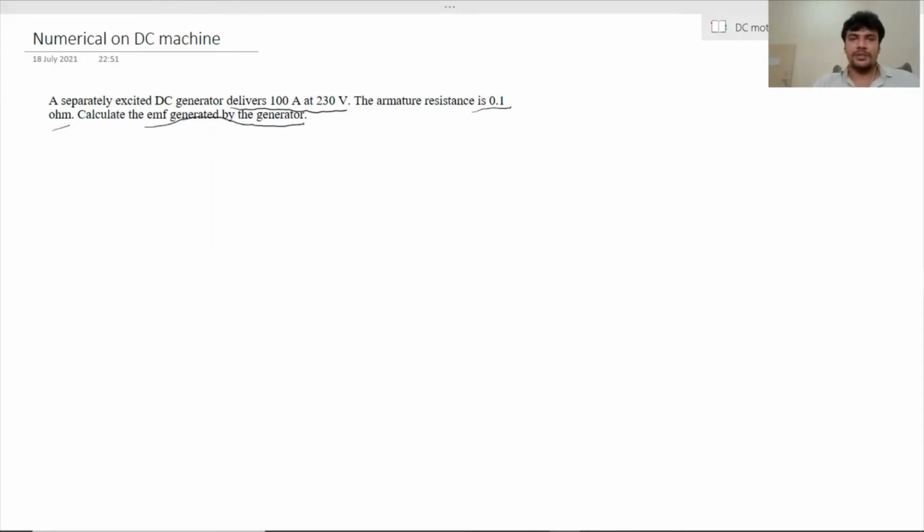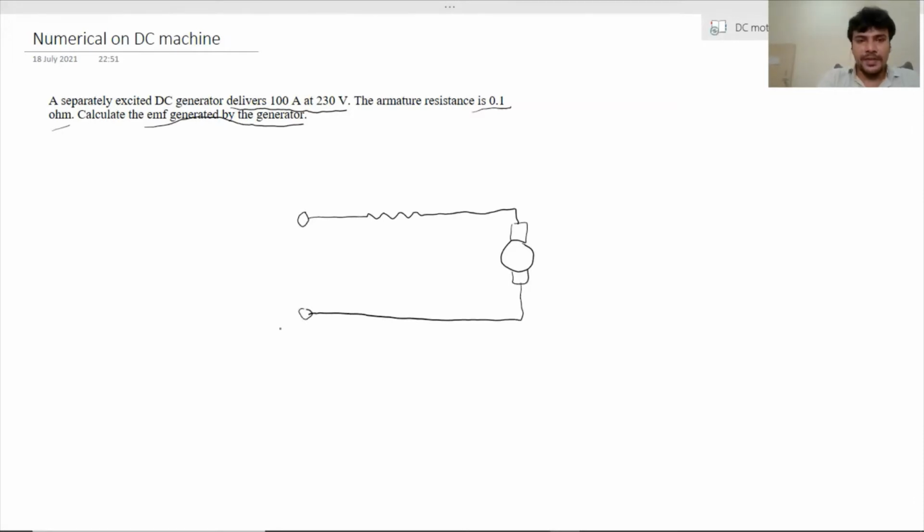So first of all, let us draw the circuit. An easy enough circuit. Let me tell you that this is the terminal voltage, and this is the resistance, and here is the EB, the EMF induced in the armature of the DC machine.